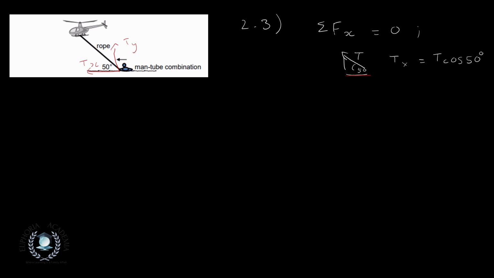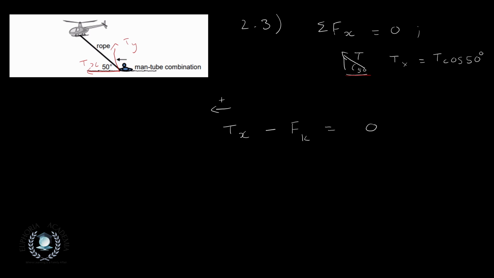All right. And then let's just compute our forces here. So we will take our left hand side as positive, right? So that will mean that our tension acting in the x direction is positive minus our frictional force is equal to 0, right? This is just substituting what we have here.